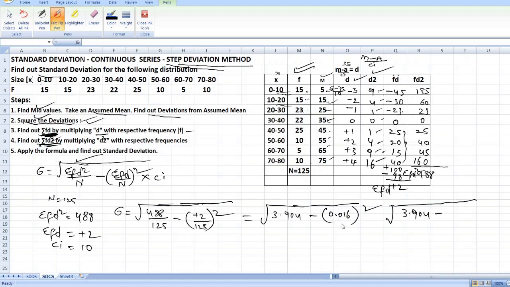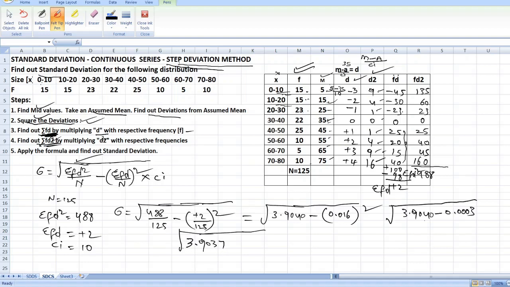Next, 3.904 minus the square of 0.016, that is 0.016 into 0.016, which gives 0.00003. Now subtract 0.00003 from 3.9040 and you will get 3.9037.